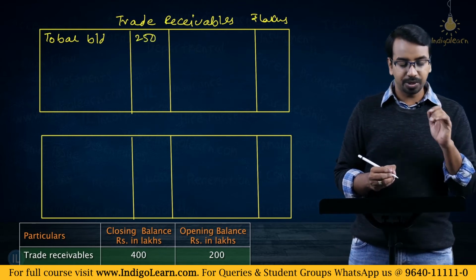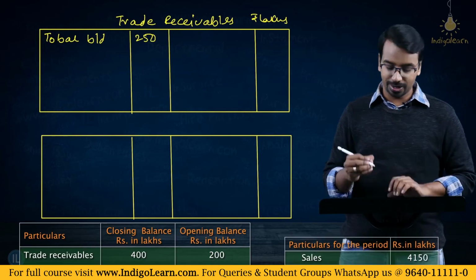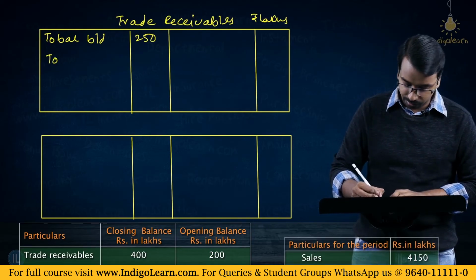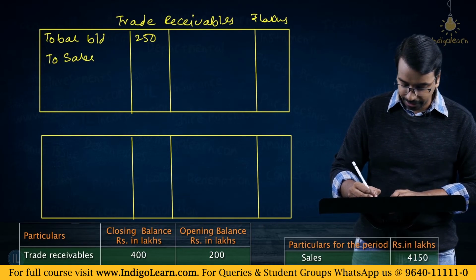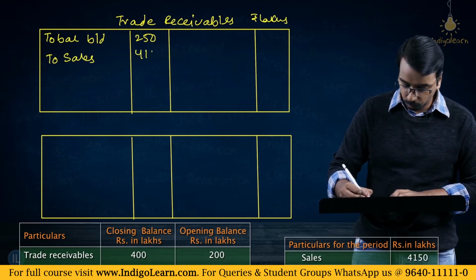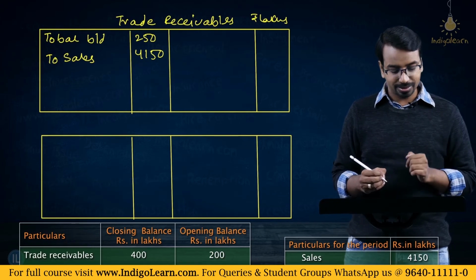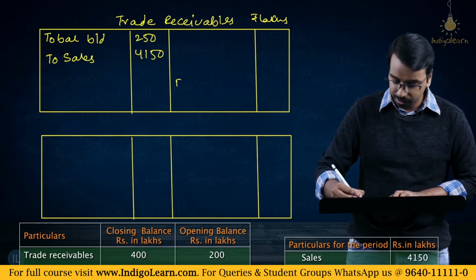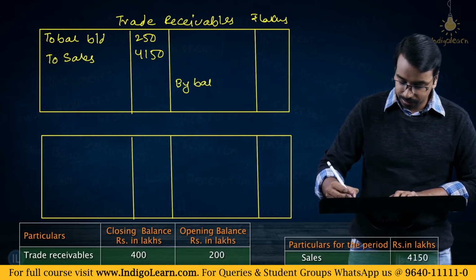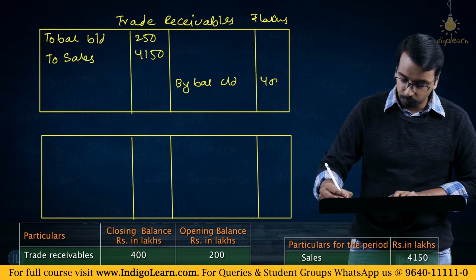Then during the period we have made sales of 4150. That also will be debited to trade receivables account: to sales 4150. And what is the closing balance? The closing balance is given as 400: by balance carried down 400.